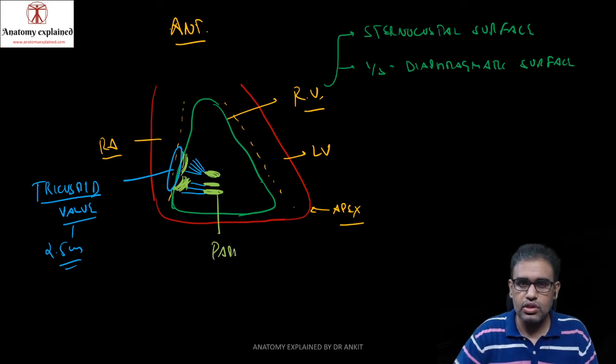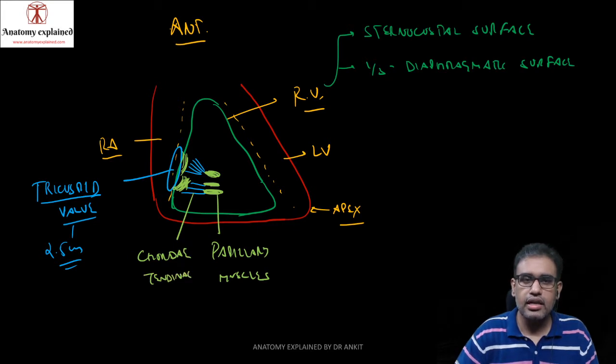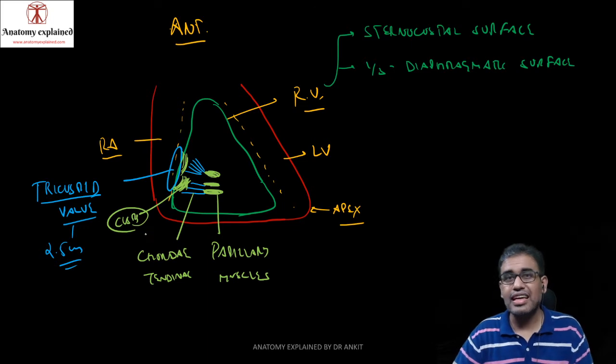So these constitute our papillary muscles. These are our chordae tendineae, and these are the various cusps of the valve. This whole thing is the incoming channel. What is this?